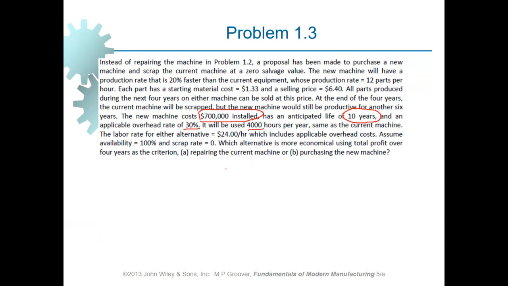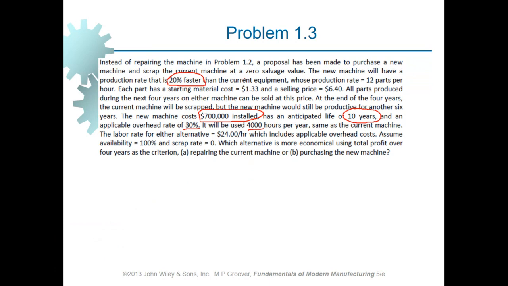However, this brand new machine will be working for you faster than the old machine because it has got better technology. It makes it possible for you to produce 20% more parts in an hour, because of the capabilities of the new machine.